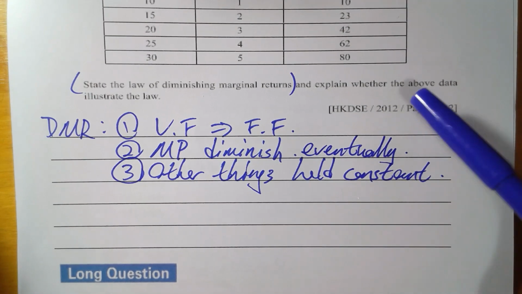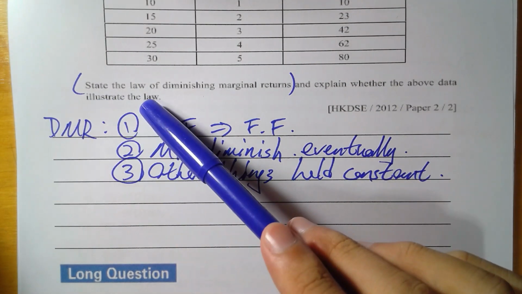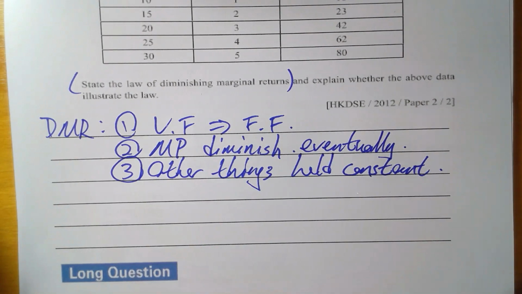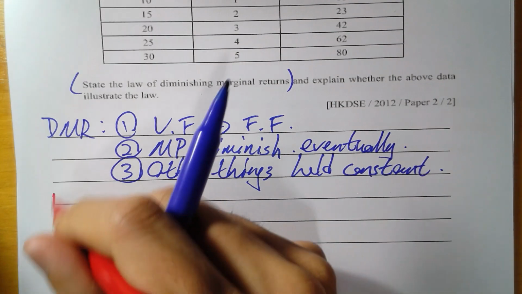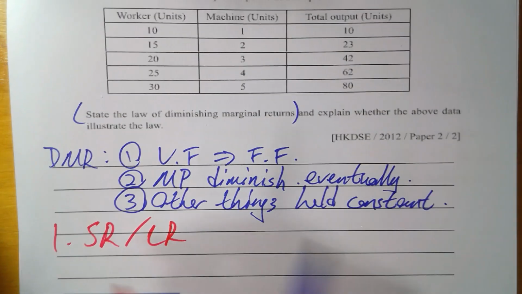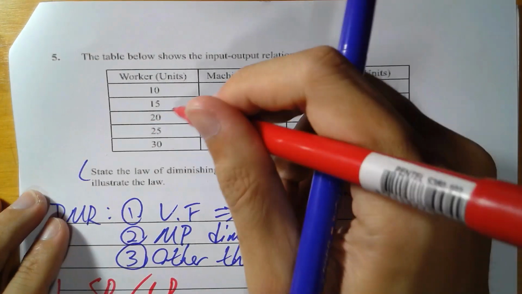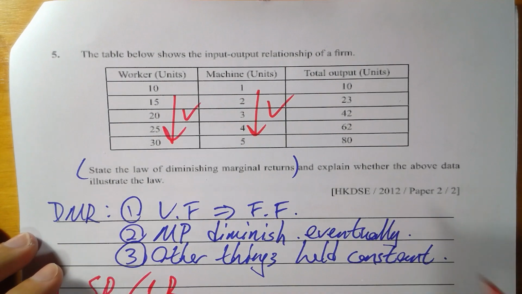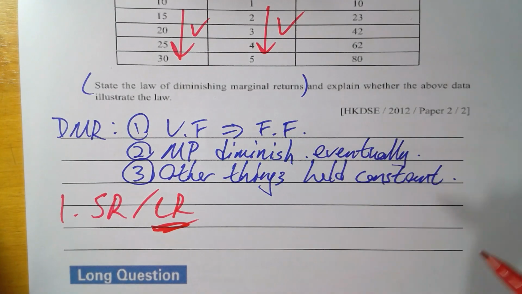Now we need to explain whether the above table illustrates it. Remember, when we check DMR, 2 steps. First step, we check short run or long run. Variable factor. Oh, both are variable. This time, this is a long run.